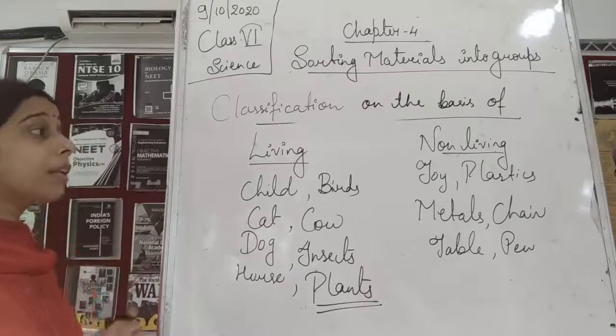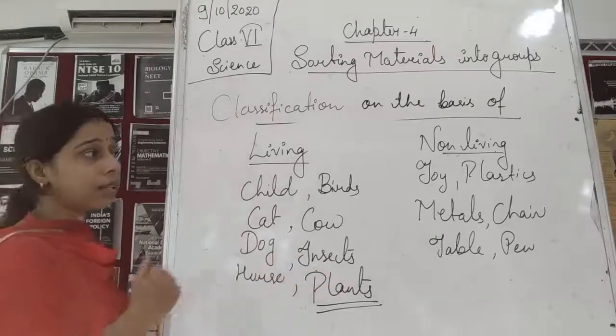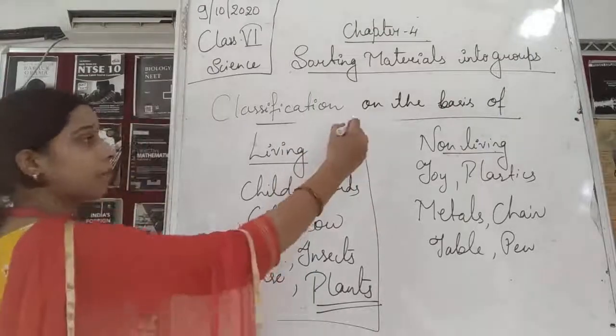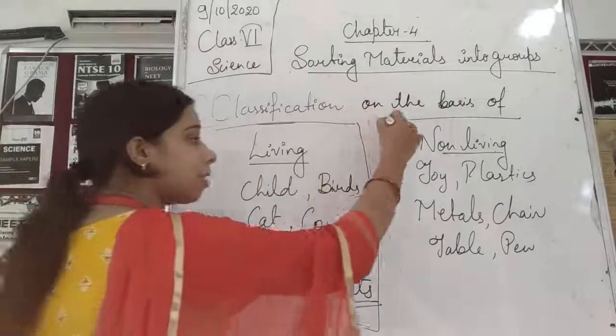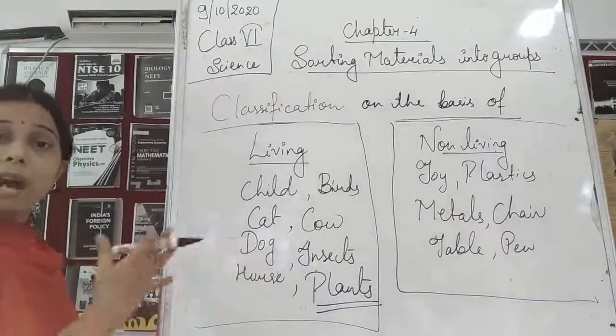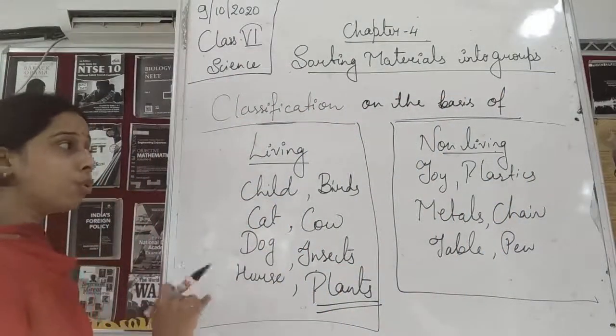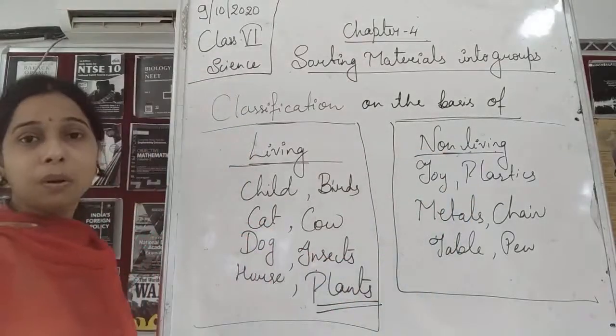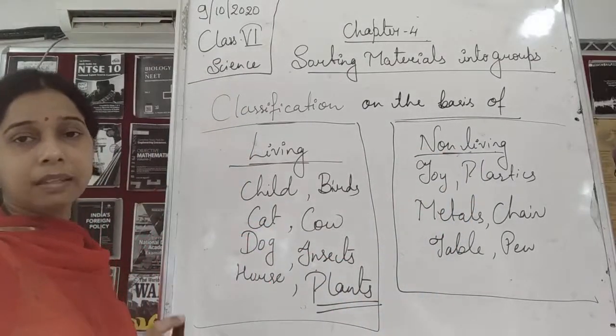Okay, and you can classify them. You can say, see, this is a group of living organisms or living objects, and this one is the group of non-living objects. So you have classified them into two groups, the living ones and the non-living ones, on the basis of their characteristics.